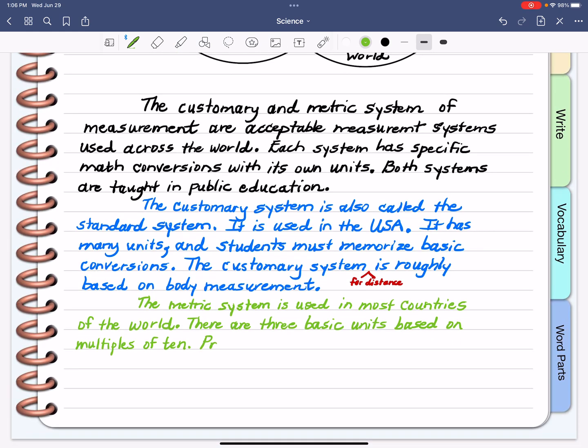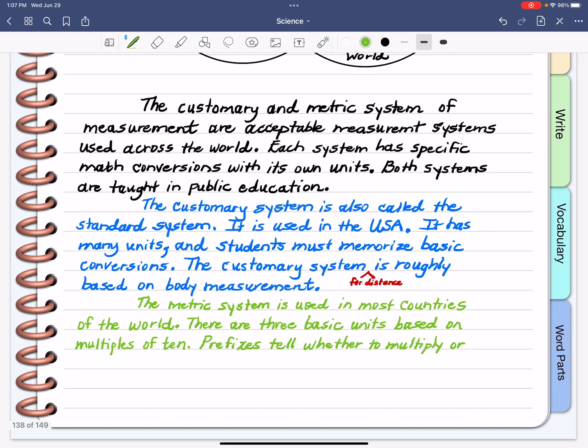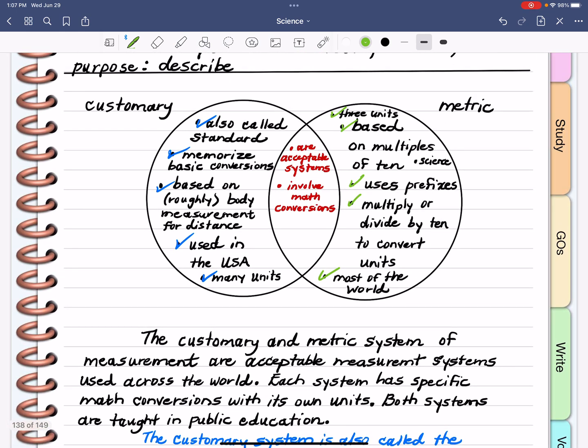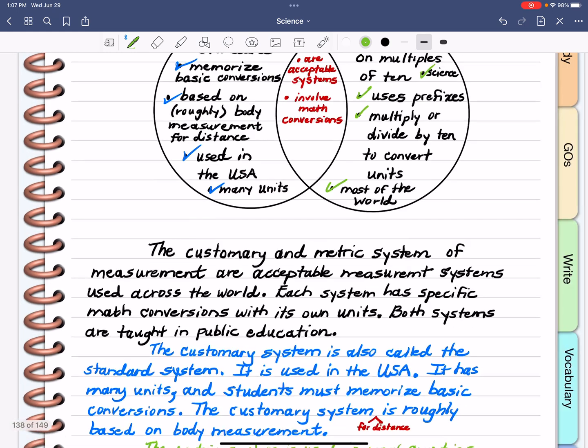So prefixes tell whether to multiply or divide by 10. And I want to spell out the word 10. It's less than 100. So we got that part. We got the multiplying and dividing. We just need to include this part about science.